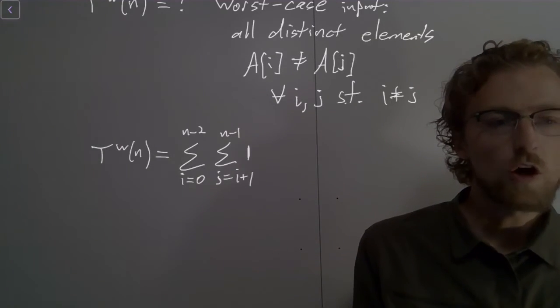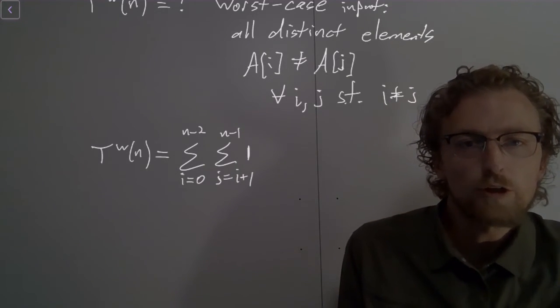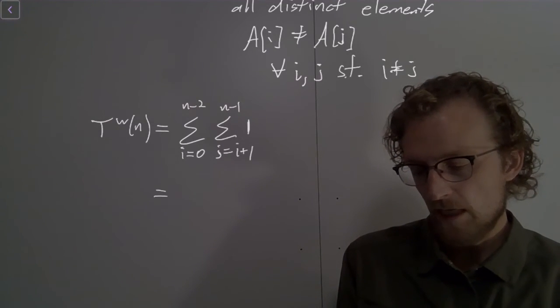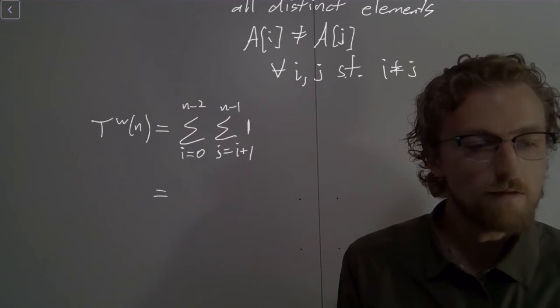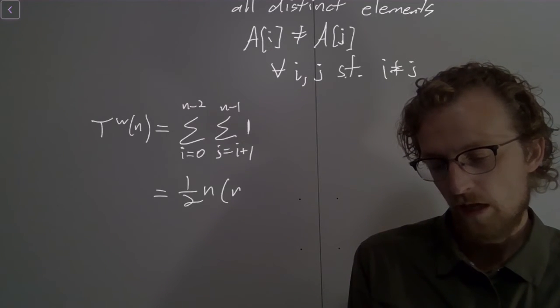And so we could go through the full analysis of this, and I will for you in office hours if you like. But if I were to simplify this down, what I would arrive at in the end is the following: 1/2 n times n minus 1.